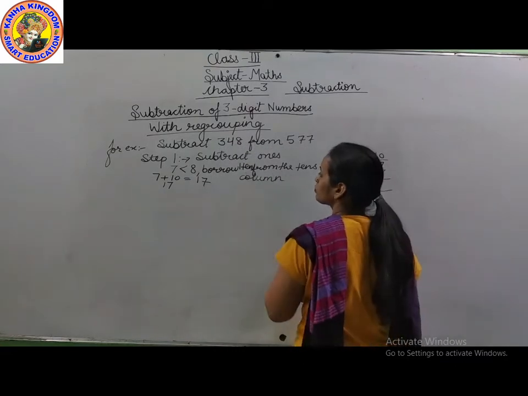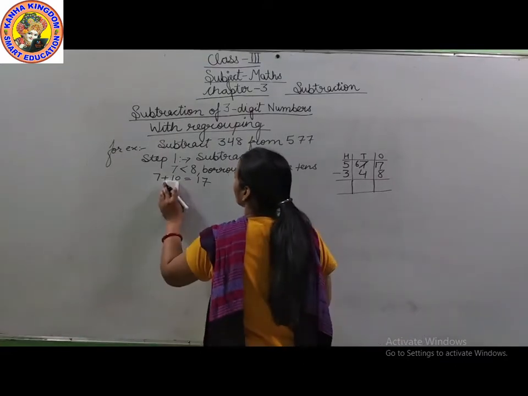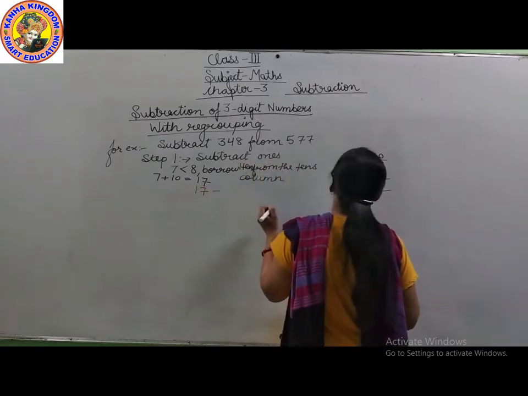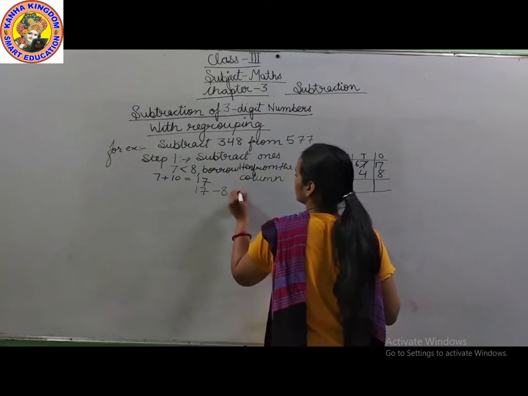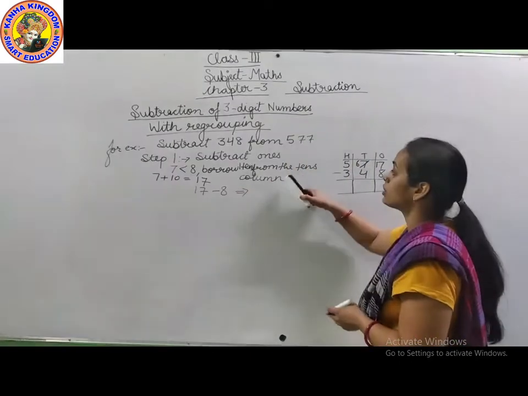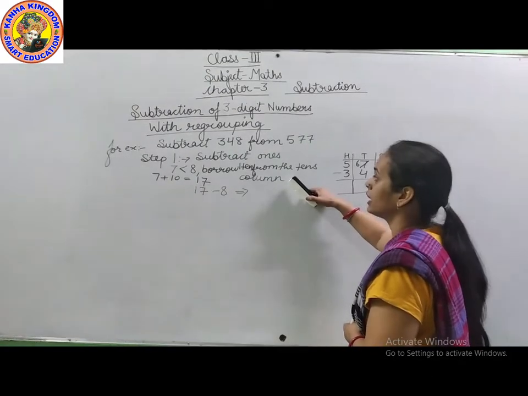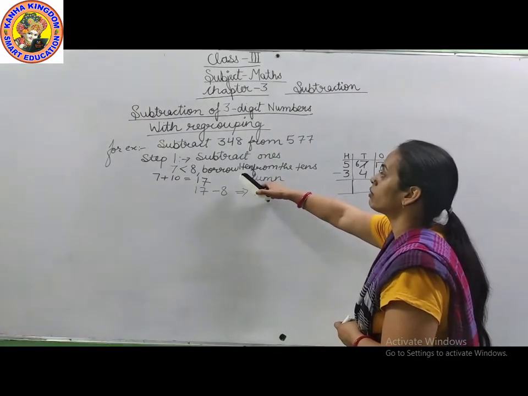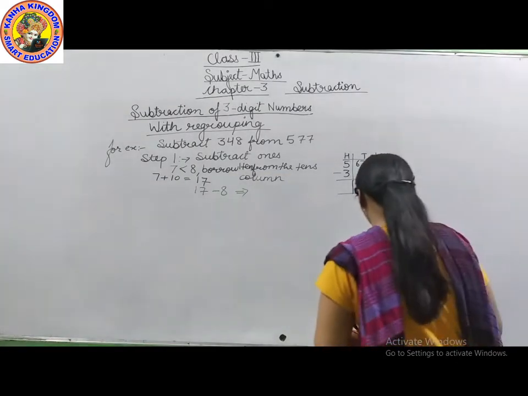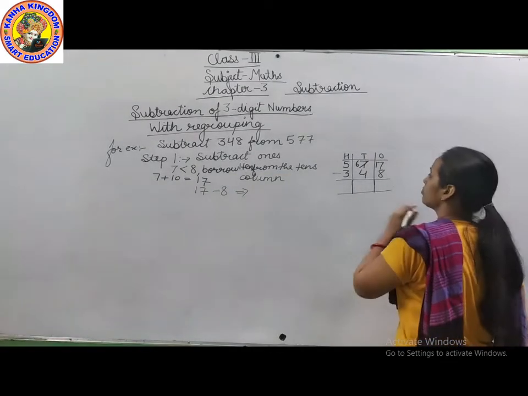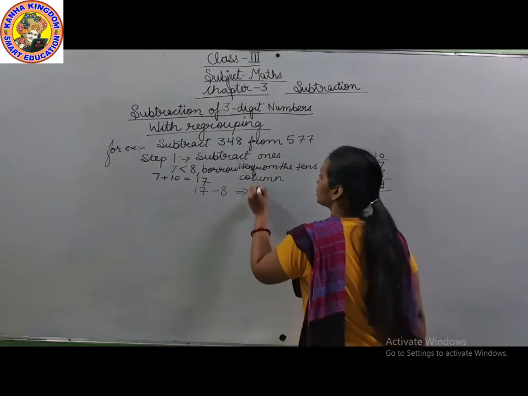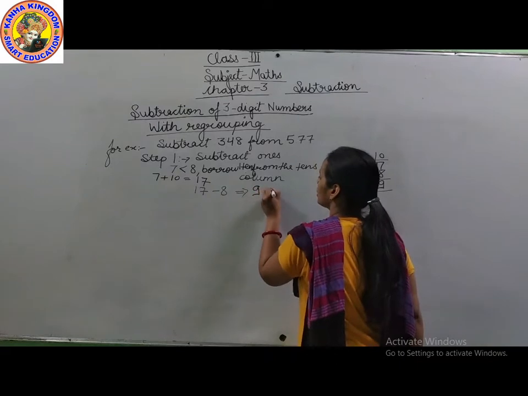Okay. Now 17 minus 8. 7 is less than 8, so we borrow 1 ten from the tens column. So 17 minus 8 equals 9. So our answer is 9 ones.